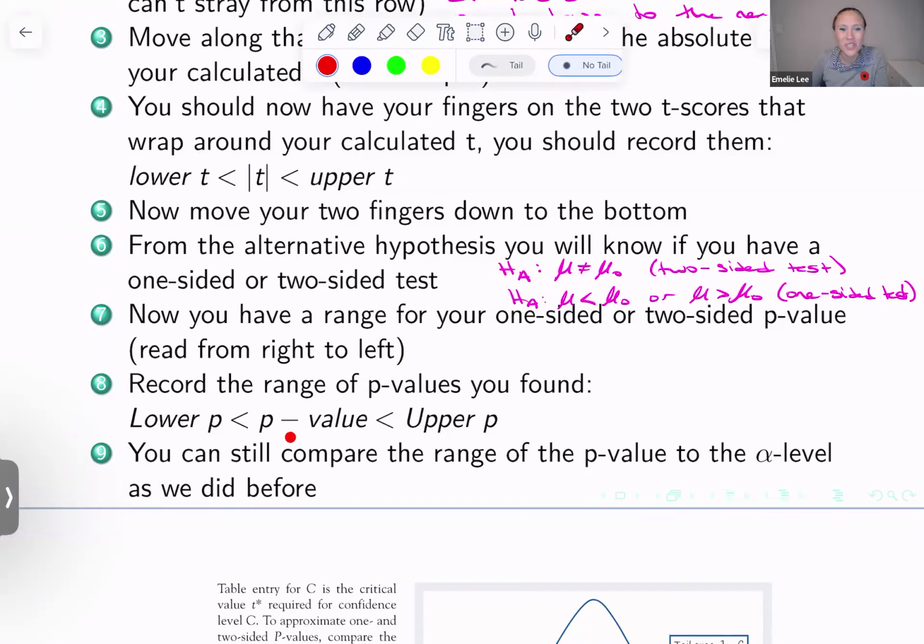Usually I like you to say the two-sided p-value or the one-sided p-value, just to emphasize that you know what you're doing, is going to be between 2 values. And make sure you list them from smallest to largest. And then of course from this range of the p-value, we can compare it to the alpha level and decide what our conclusion is. If it's less than 0.05 or the alpha level in general, then you have enough evidence to reject H0.